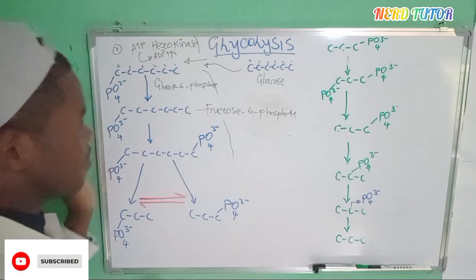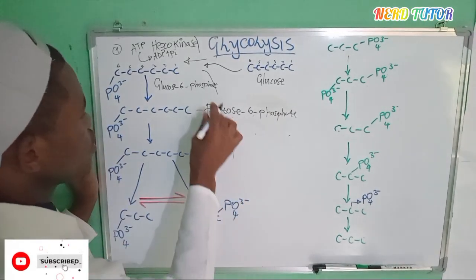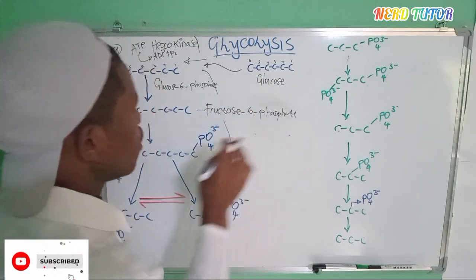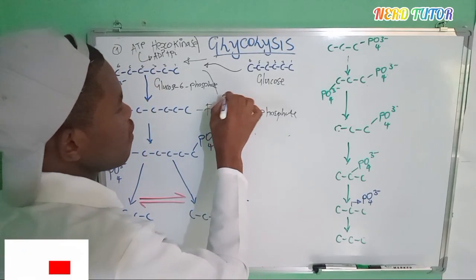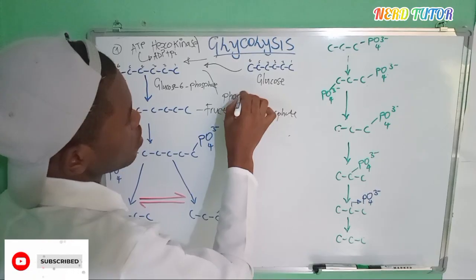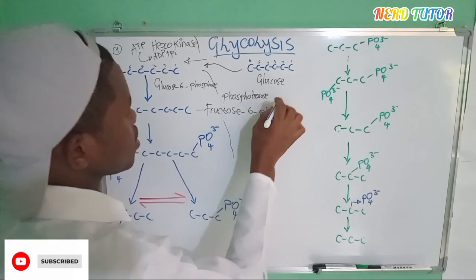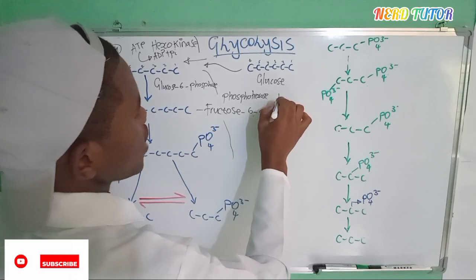Now, by which enzyme? The enzyme responsible for isomerizing the glucose 6 phosphate to fructose 6 phosphate, we call it phosphohexose isomerase.